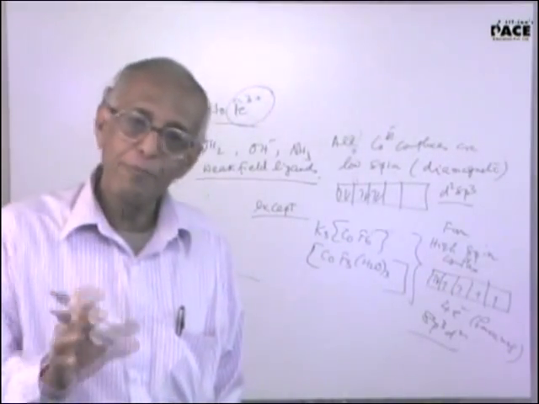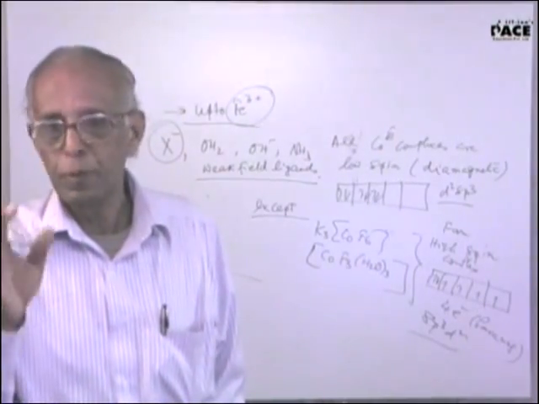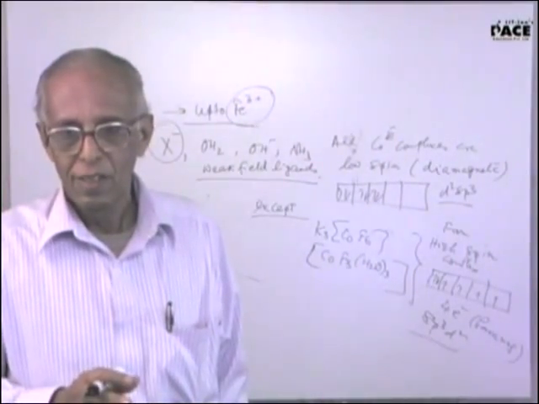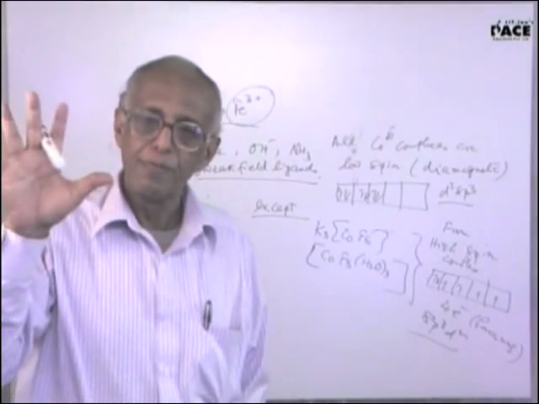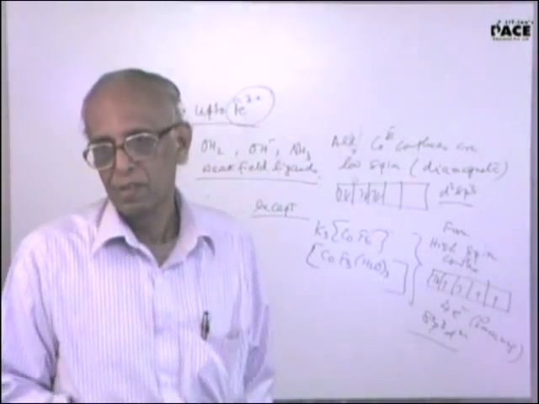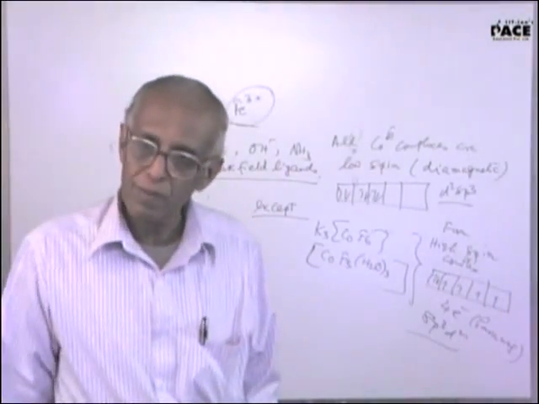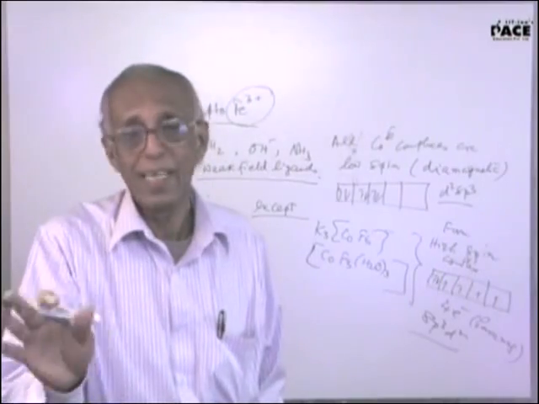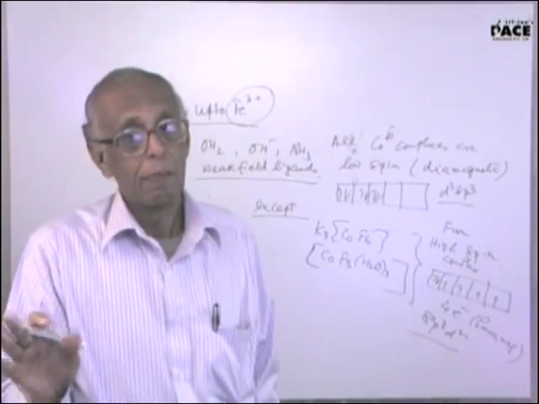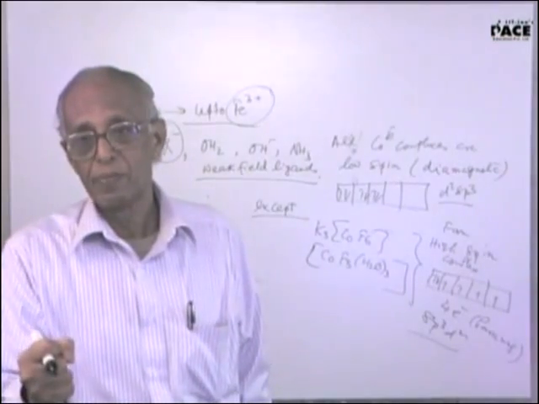Now, if I have 5 orbitals and 6 electrons, the 6th electron has to be paired with one of the 5 electrons. That is not pairing energy. Pairing energy means when all the electrons are paired.